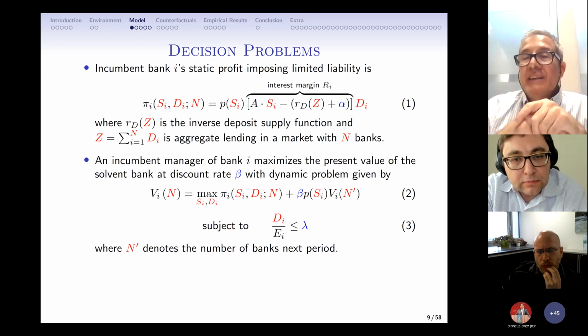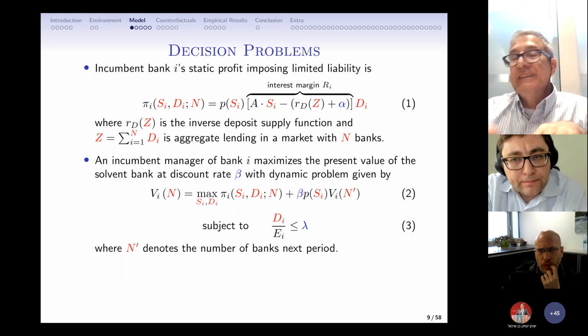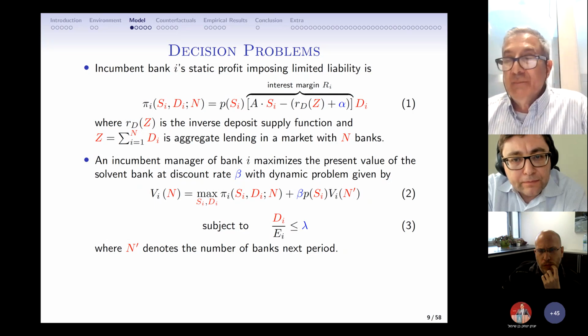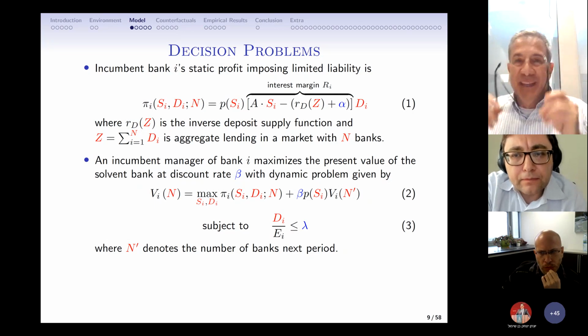We were just trying to get at, in the simplest possible way, how policy, this alpha, may affect your costs of getting funds. This is a reduced form way. What you were suggesting would be a deeper way.